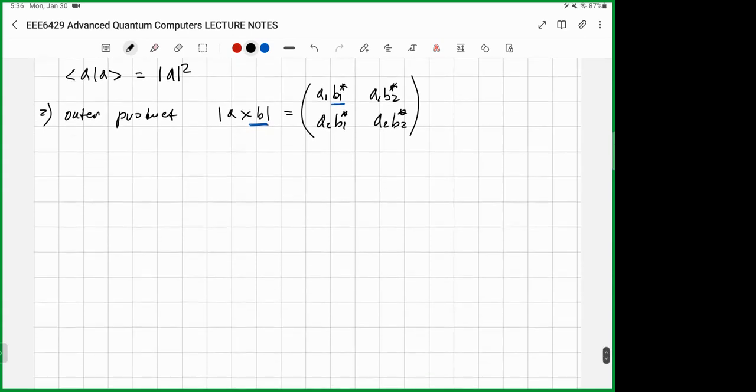So when we describe any vector in this two-dimensional Hilbert space, we of course have to introduce a basis. And as we discussed already last week, there are many ways we can introduce the basis, because any linear space has an infinite number of orthogonal vectors.